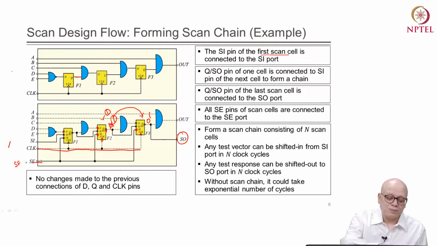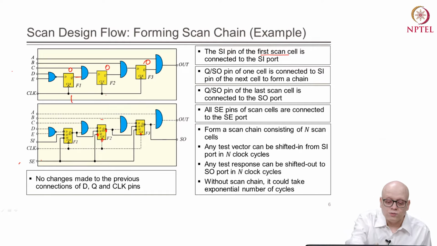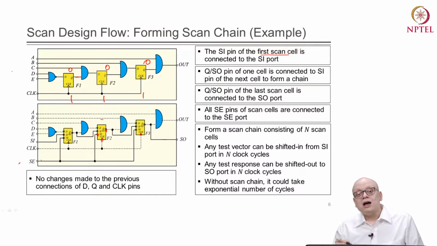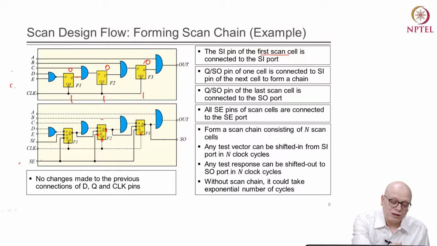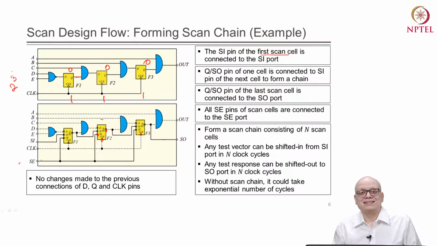For example, suppose these flip flops were part of a counter, and the initial state was 0 0 0 and we wanted to get 1 1 1. Then we would have required 2 to the power 3, or around 8 clock cycles.